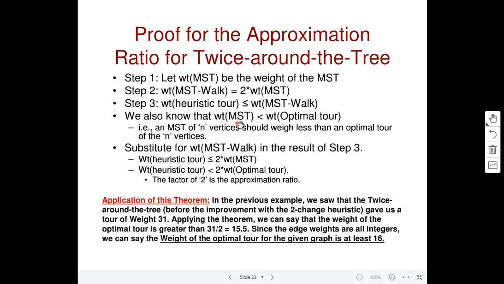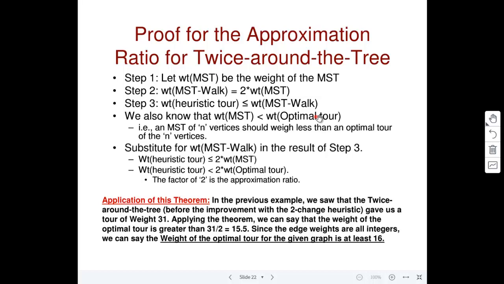Now, from a simple observation, for any weighted graph of n vertices, the weight of the minimum spanning tree is always going to be less than the weight of an optimal tour on the same graph. A minimum spanning tree is a tree with the minimum weight. This is a tour with the minimum weight.